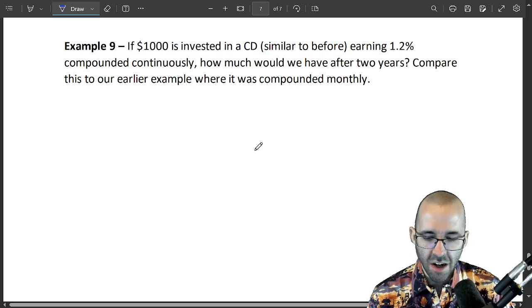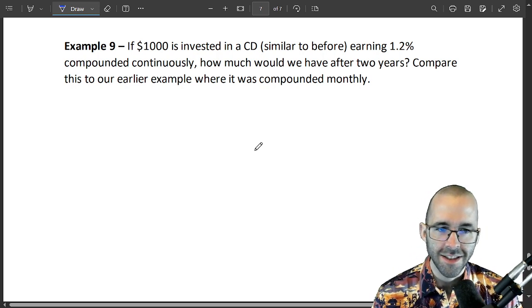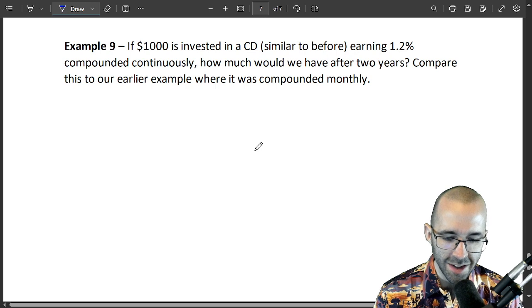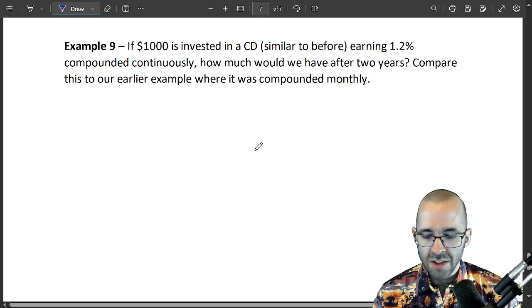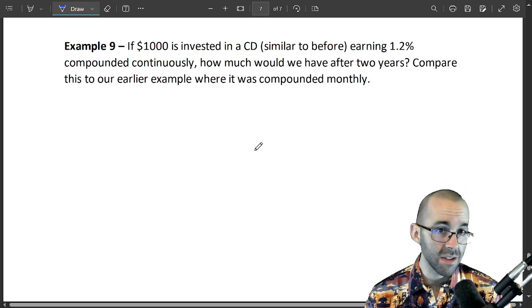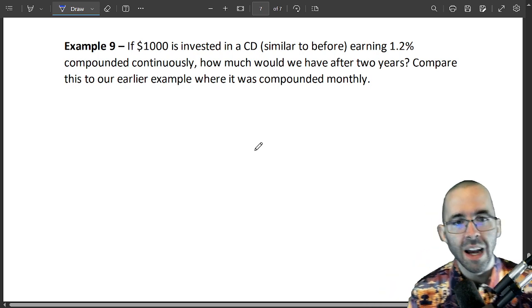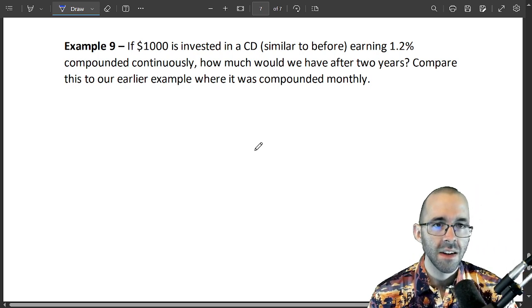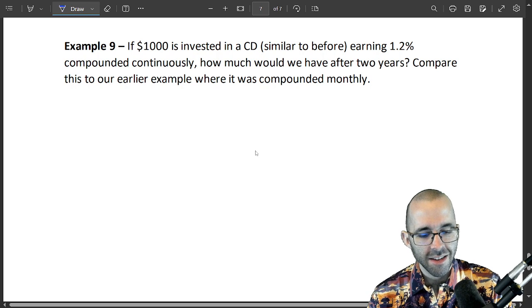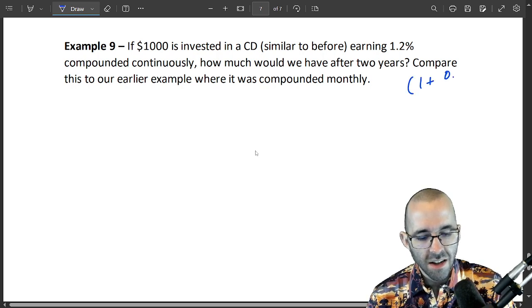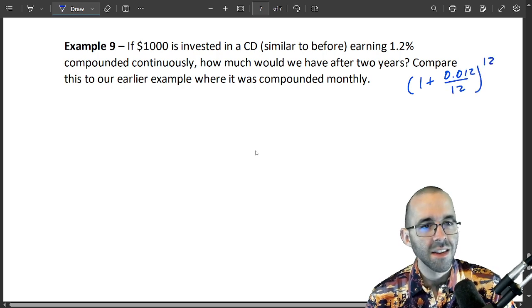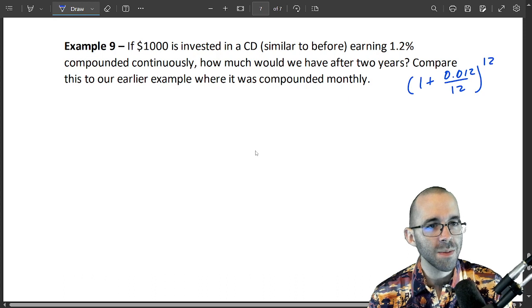So if we have $1,000 invested in a CD, seeming a little similar to before, earning 1.2% interest compounded continuously, how much would we have after 12 years? Remember when it was compounded every month, we looked at 1 plus 0.012 split up into 12 months, and we had to do it 12 times.